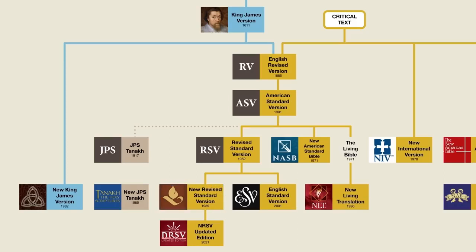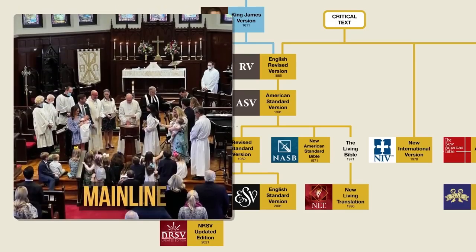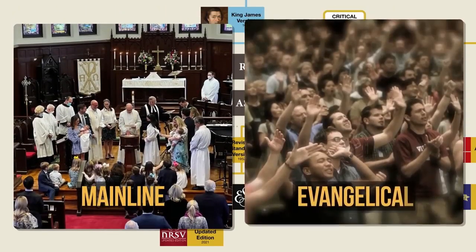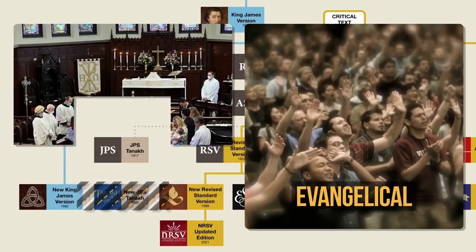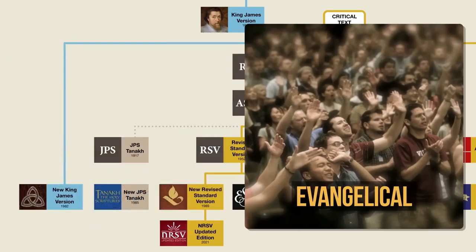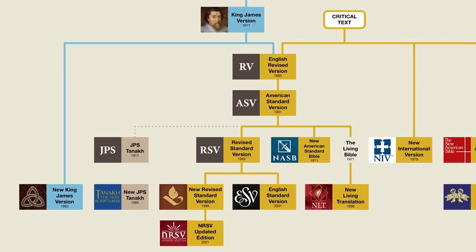These days, churches can basically be divided into two main categories: mainline and evangelical. Generally speaking, mainline churches are the more liberal ones, like the Methodists or Episcopalians, whereas evangelicals are the more conservative ones, like the Baptists or Pentecostals. To this day, the NRSV is the translation that is preferred by most mainline Christians, as well as by academics.